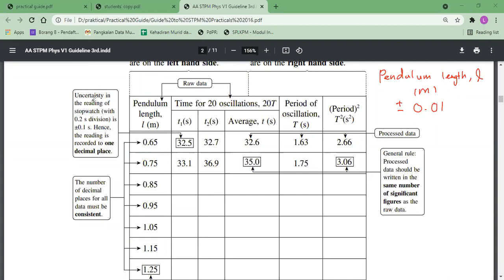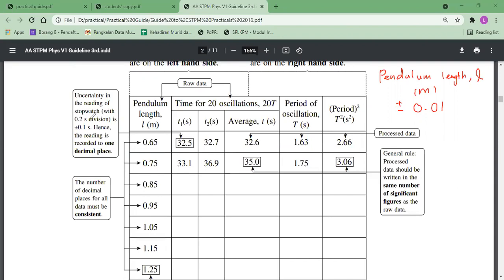Here you see the uncertainty in the reading of the stopwatch. They use the stopwatch, so that means 0.2 division. I don't like to use what they use, which is to treat it like the ruler. Some reference books say ruler divide by 2, but some instruments cannot, so divide by 2 is actually not very accurate.